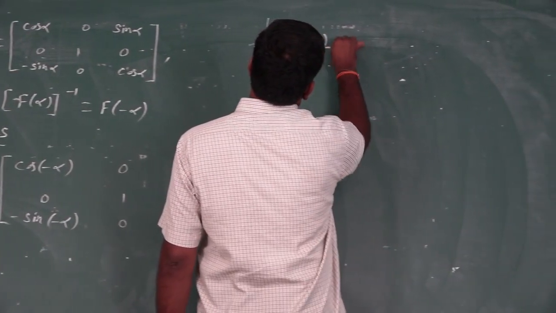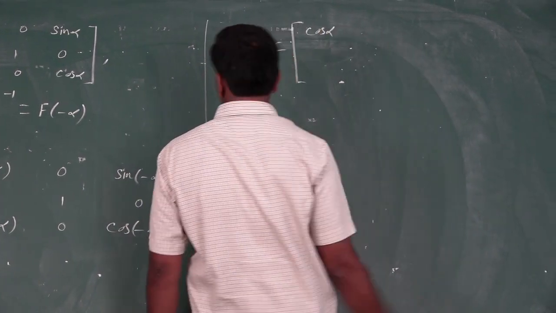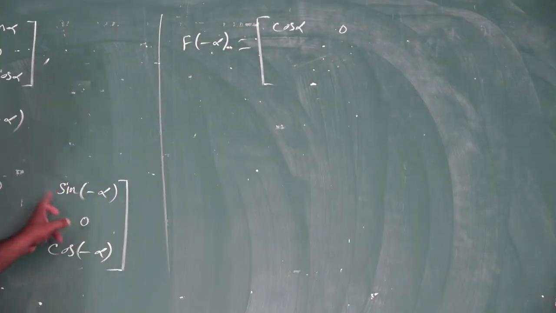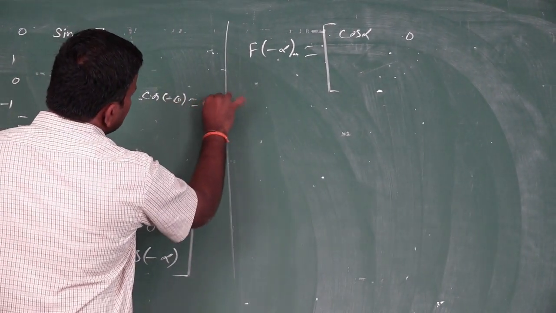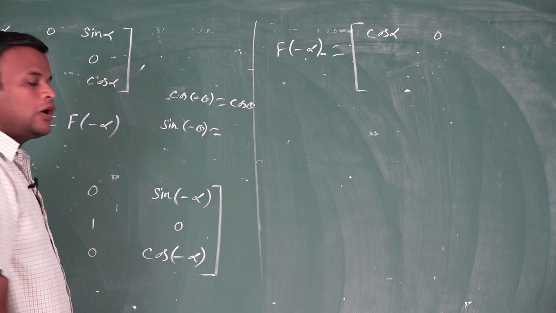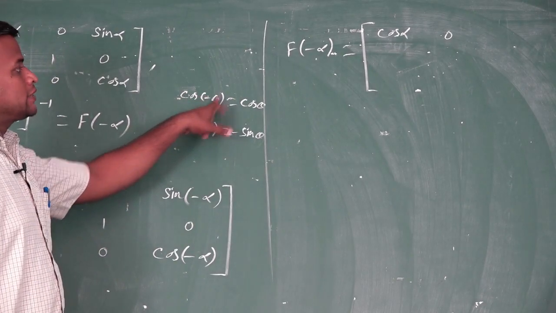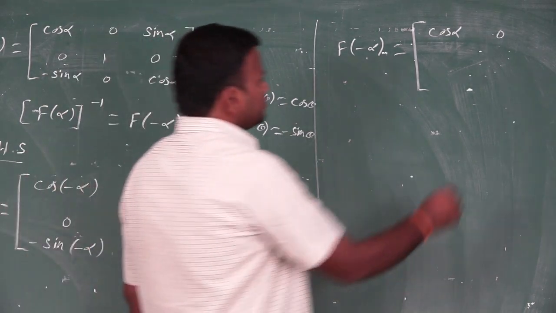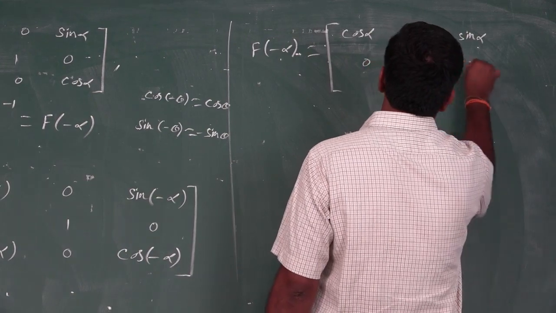So F of minus alpha has cos alpha, 0, minus sin alpha in the first row. The second row has no change: 0, 1, 0.